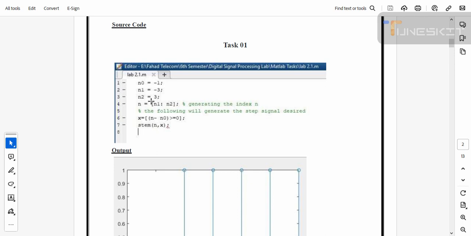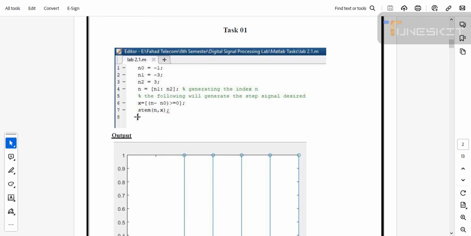The values assigned to these constants are n0 equal to -1, n1 equal to -3 and n2 equal to 3. So we have the condition that n is equal to n1 to n2, and we have to plot x equal to n minus n0 greater than or equal to 0.